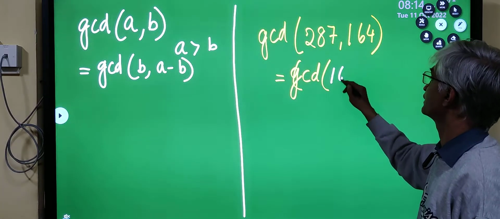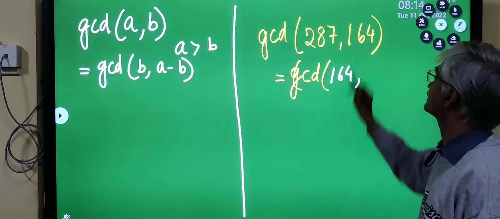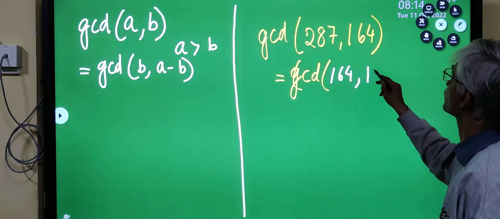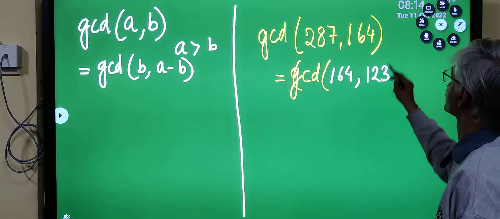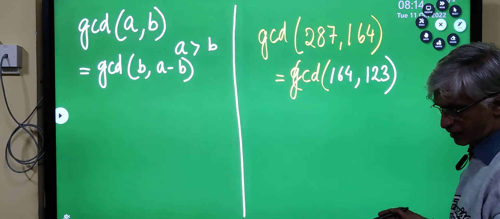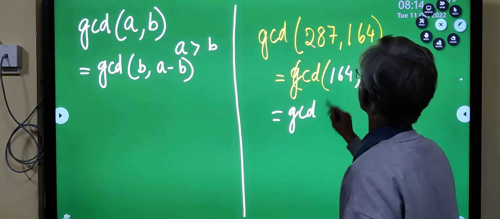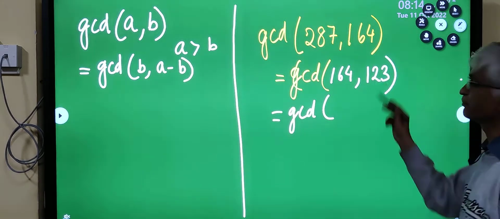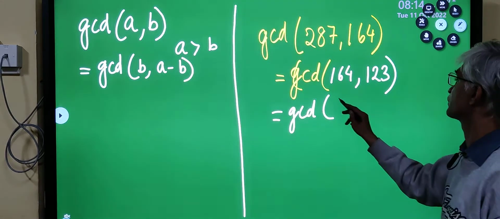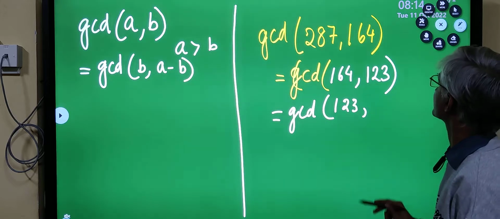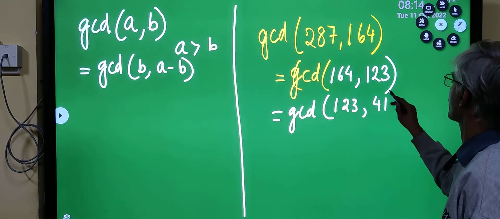Take the smaller number 164 and take the difference between the two numbers. In this case I can see that it is 123. Yes, I've got this right. Now let us just repeat the algorithm. The numbers are still not small enough, so I write the smaller number 123. And now the difference between them is 41.